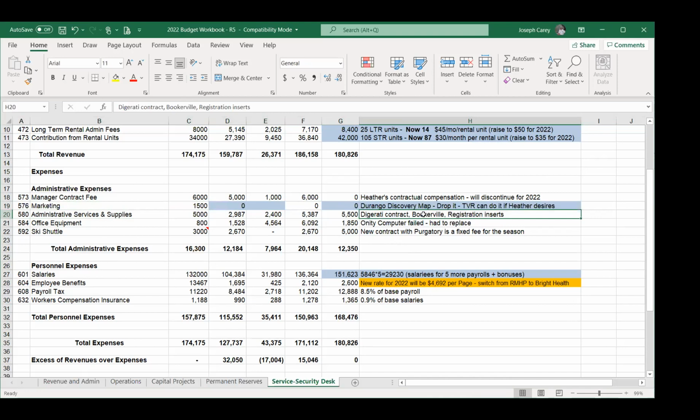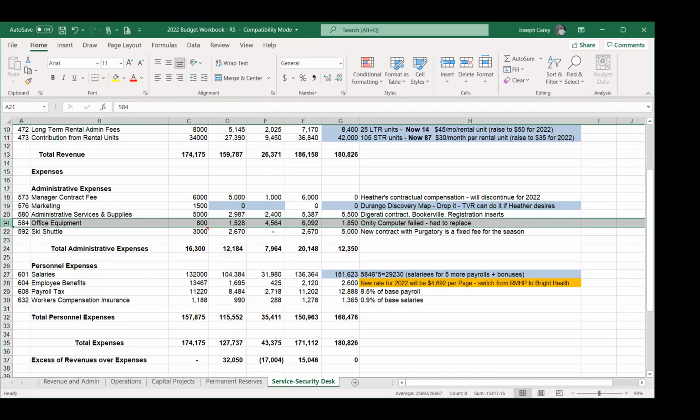And then there's also Bookerville and our registration insurance. Bookerville is our in-house reservation system, the way we account for who's here and who's not. We did that so that we're independent from Heather's system.